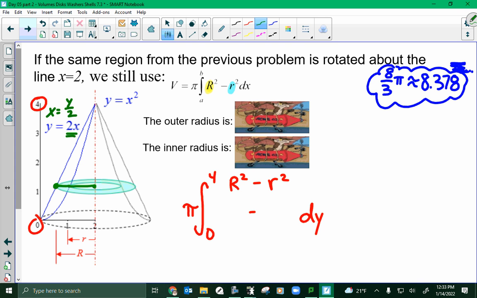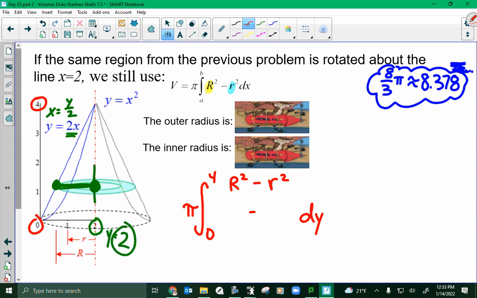because it's not on the y-axis. See this here, x equals 2, that's where it's rotated around. So if I want to know this distance from here to this point here, I take the number 2, which is right here, and I subtract.